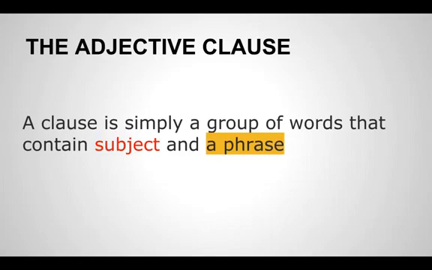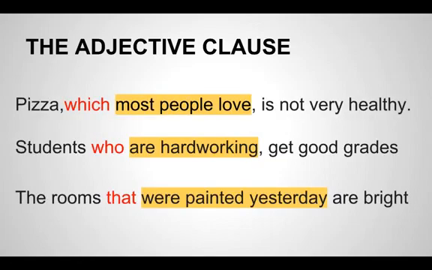So let me give an example so you understand better. Here we are describing pizza, which most people love. The pizza which most people love is not very healthy. Students who are hardworking, we are describing students. What type of students? Who are hardworking, get good grades.